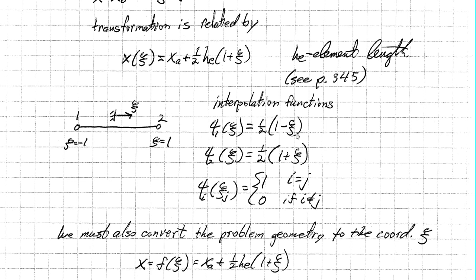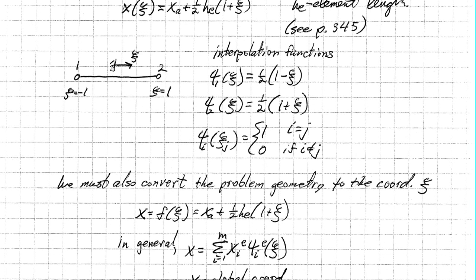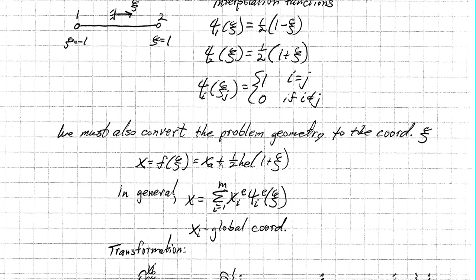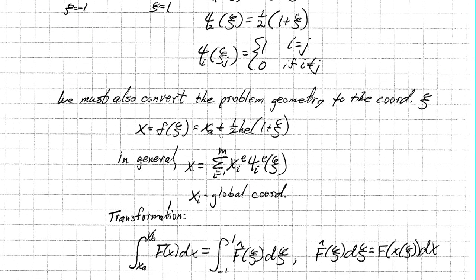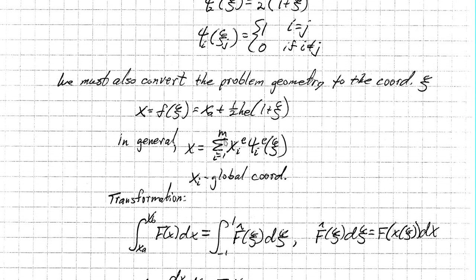These are just linear interpolation functions. They're 0 or 1 on the endpoints. We define ξ in the middle of this domain, plus or minus 1 on the ends. We're not completely done with this transformation. There are a few other things to consider.